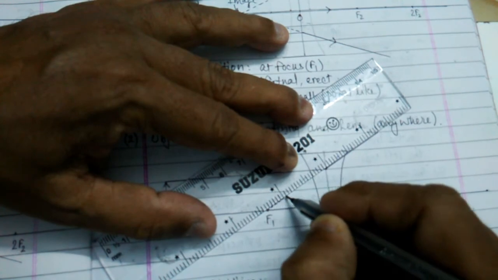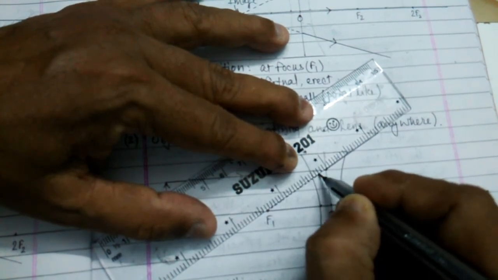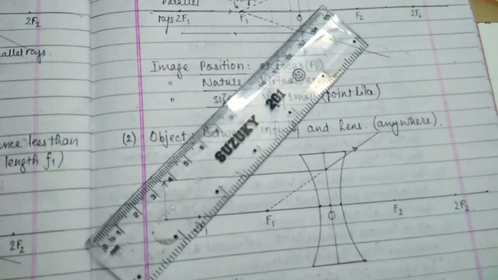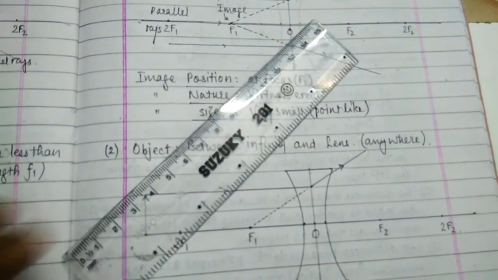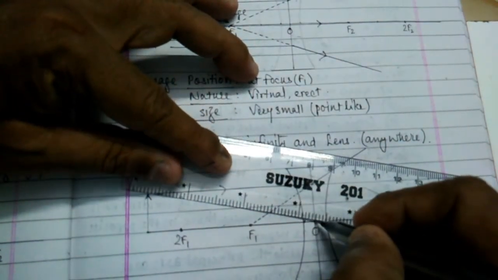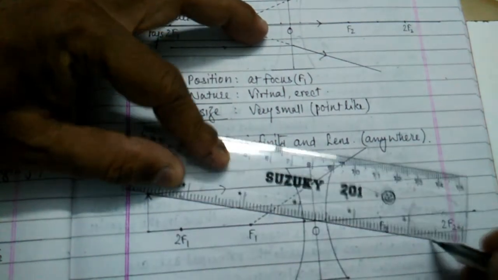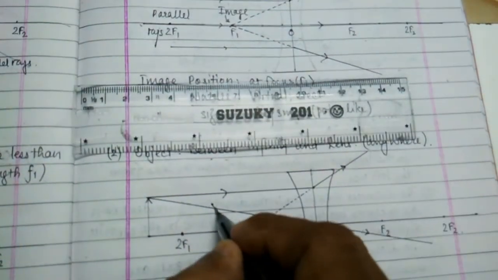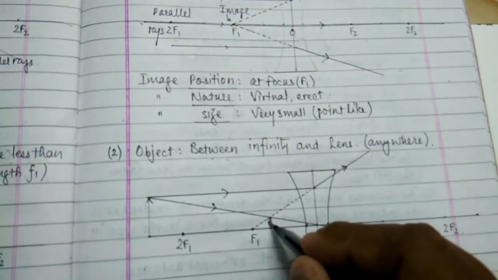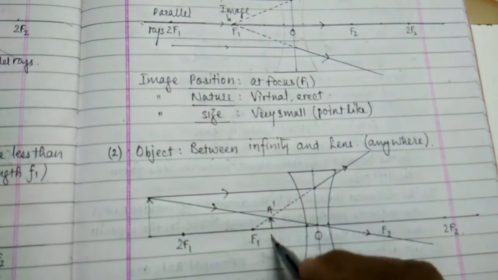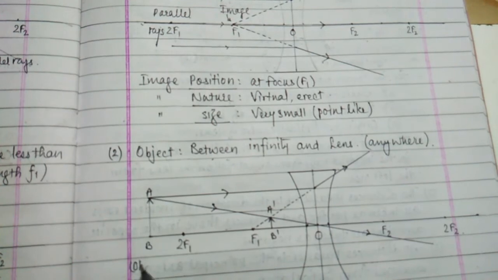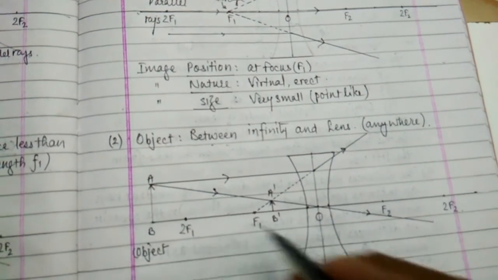We appear that the rays arise from F1. Now third law, third rule. So we got the image here. This is the object and this is the image.